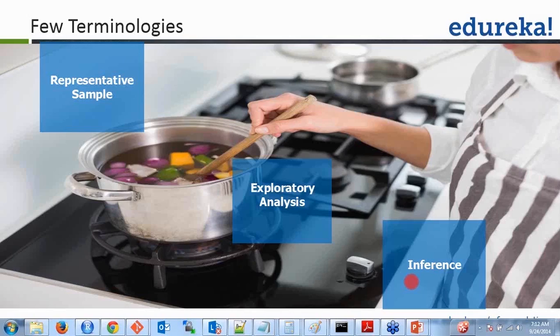So why is this relevant? Why am I bringing this analogy to what we are going to learn in statistics? It's all about data, right? We have a lot of data, and assume that the data that we have is the container full of soup.